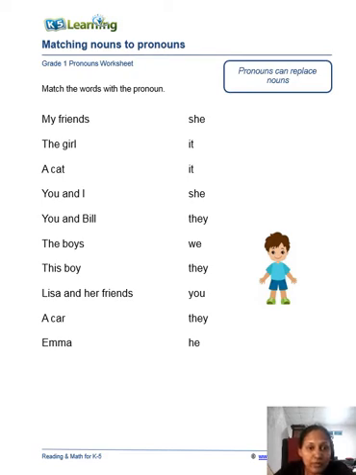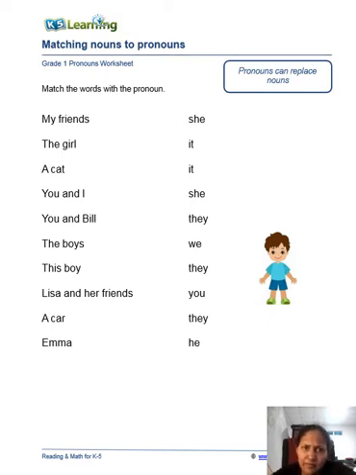Now what is the first word? My friends. When you explain about my friends, what is the pronoun we can use? We can use they. So match with they. The girl. Girl we can say she. A cat. And for animals we use it.